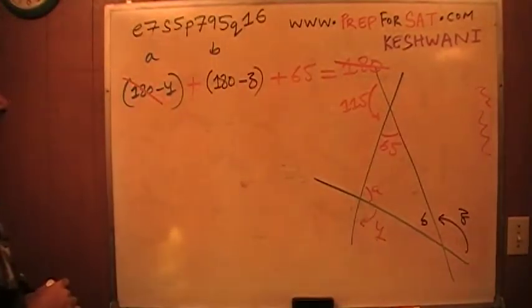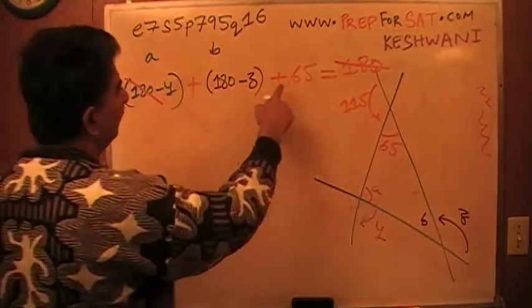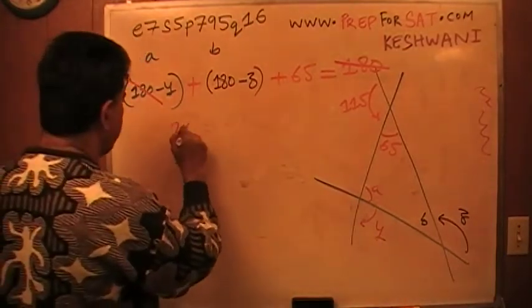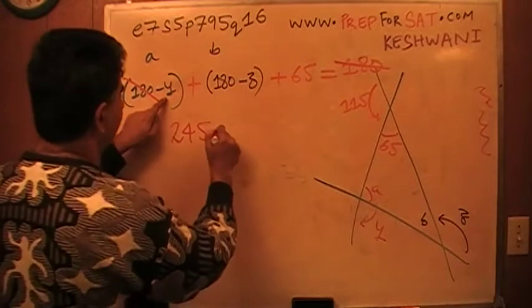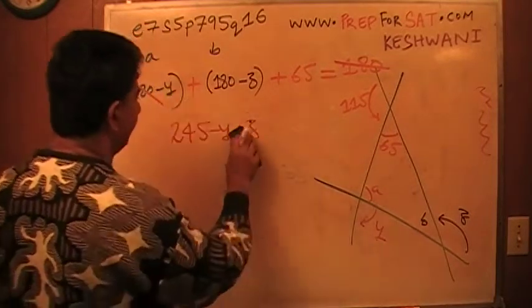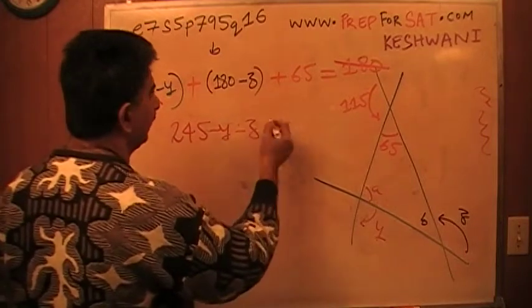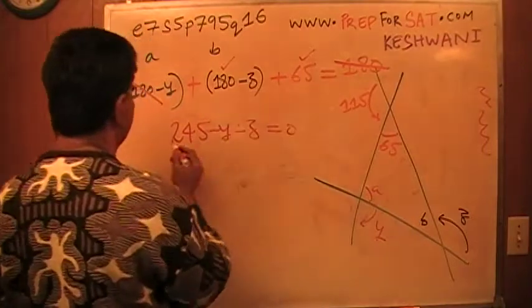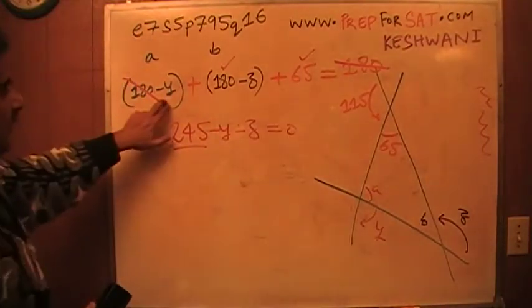Cancel them out. So 180 plus 65 would be 245 minus y minus z equals 0. You see, this plus this is 245, and then I got a negative y and a negative z.